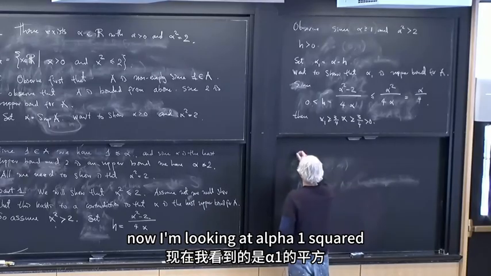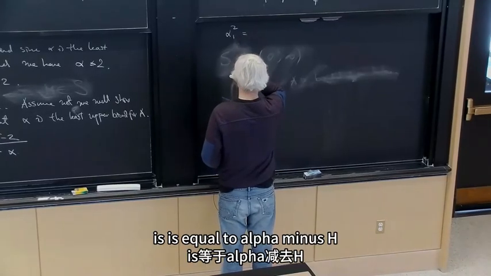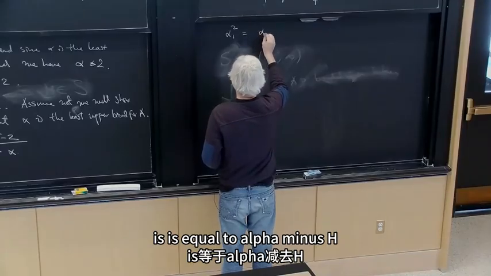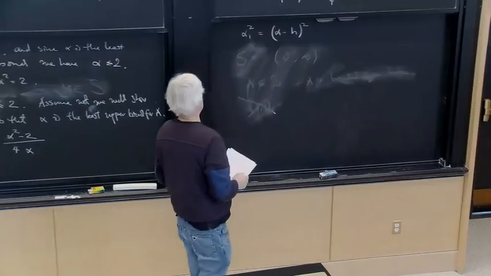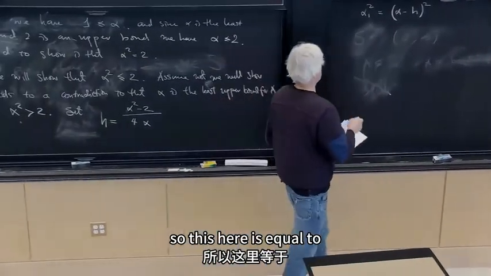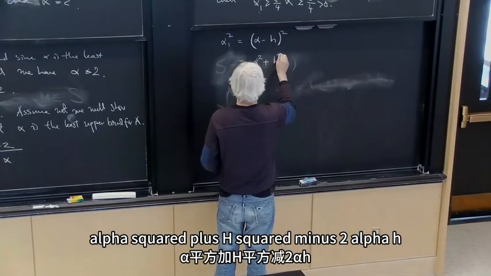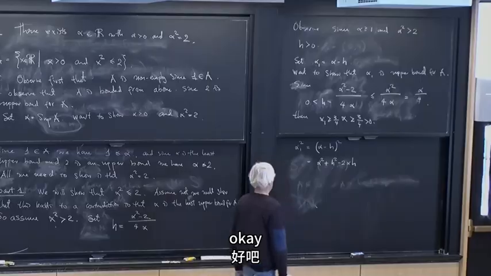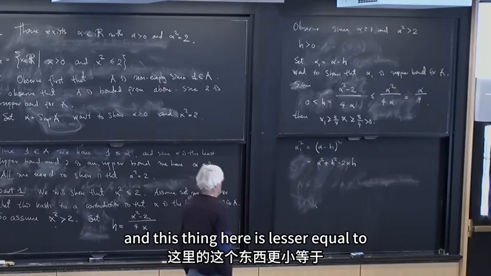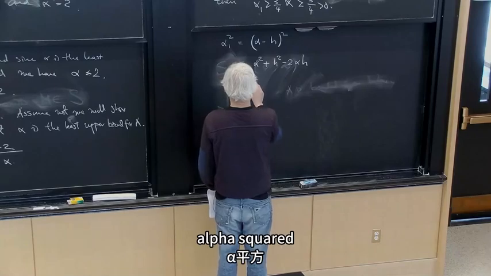Now I'm looking at alpha 1 squared, right? So alpha 1 squared is equal to alpha minus h squared. So this is equal to alpha squared plus h squared minus 2 alpha h, okay? And this is less or equal to alpha squared.